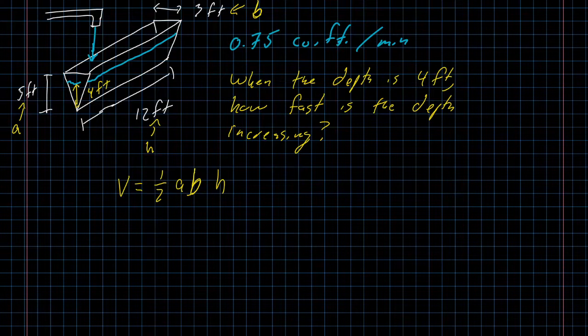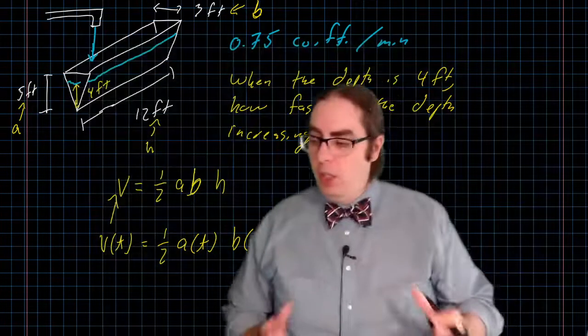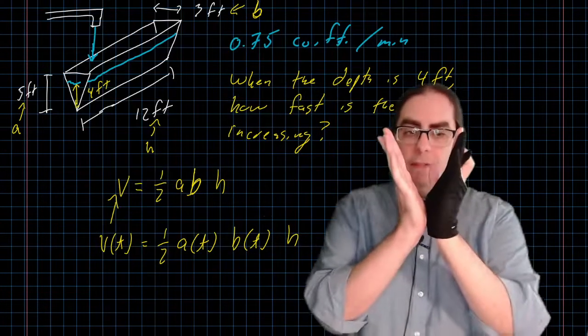Although again, because the water level is rising, we don't actually have those numbers exactly as we care about, because the volume is a function of time, the altitude is a function of time, the base is a function of time, the height is at least one thing that's constant. Right? As you are filling up this trough, the water level, right? You have that V-shaped thing.